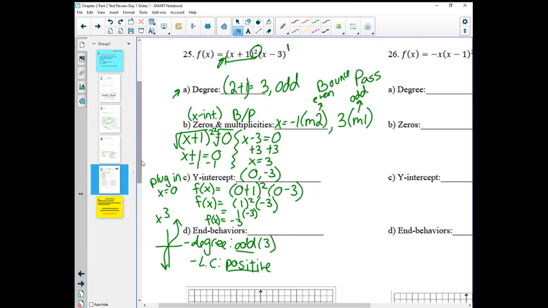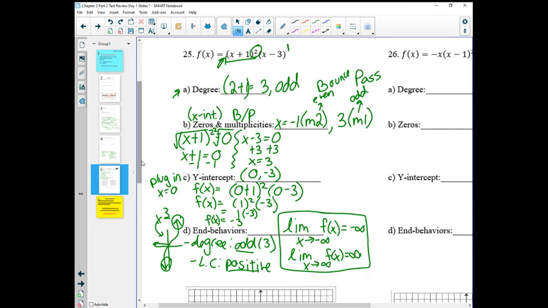Since my function is odd and positive, and this function's odd and positive, they're going to have the same end behaviors. The limit as x approaches negative infinity of the function: as x goes to the left, the function goes down to negative infinity. And as x goes to positive infinity, on the right side, the graph goes up. So those are your end behaviors.